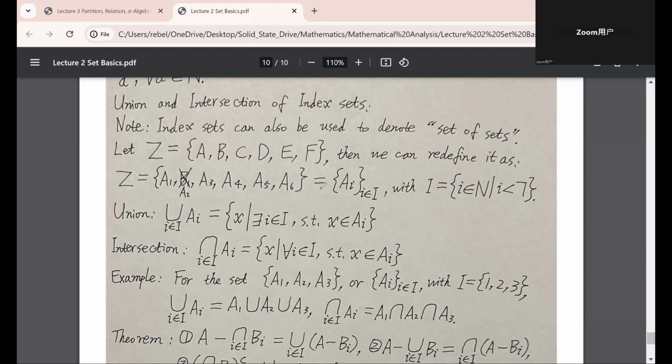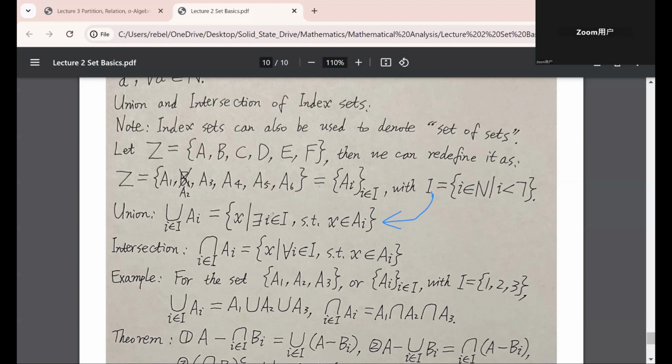And the union, what's the union between them? Let's say we define the union using the quantifier operator. So there exists one i belonging to a set, the set is here. This is just one example, but sometimes I can be anything. It's always a set of indexes, right?